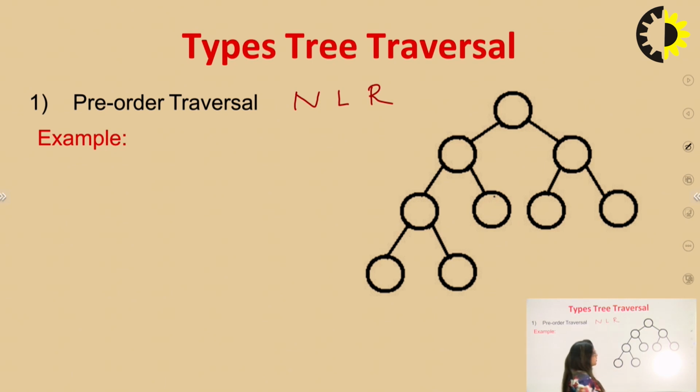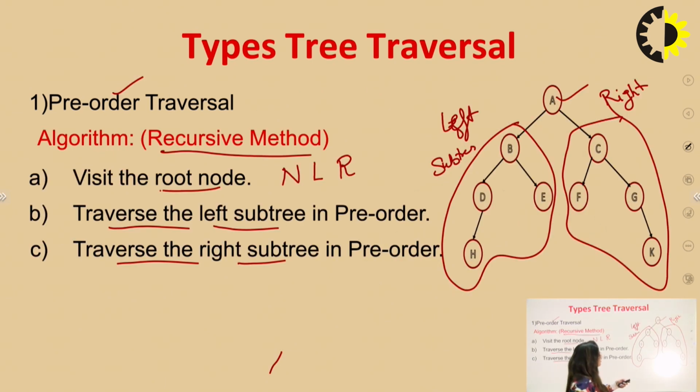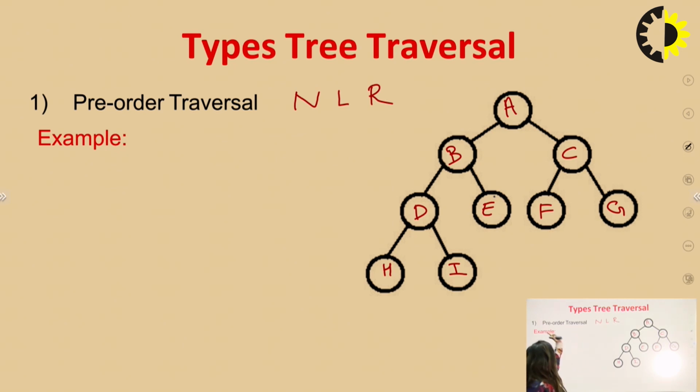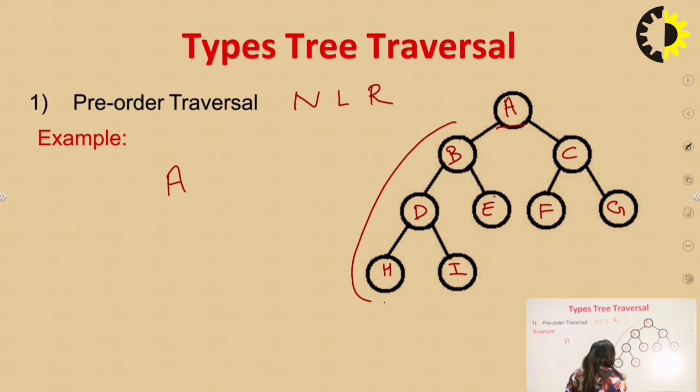So we take the same example as before: A, B, C, D, E, F, G, H, and the last one is I. Got it? This is a binary tree. We make a pre-order traversal. First, check the root, which here is A. Now traverse the left subtree, this part.